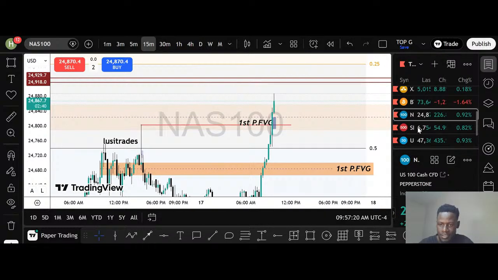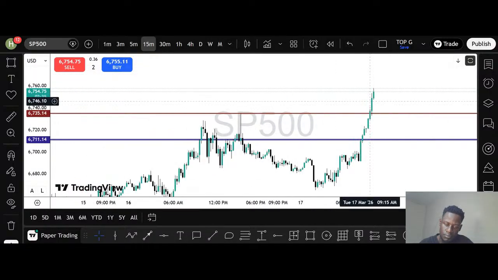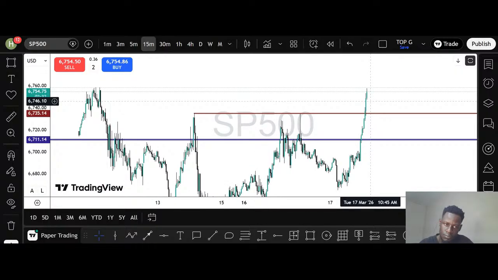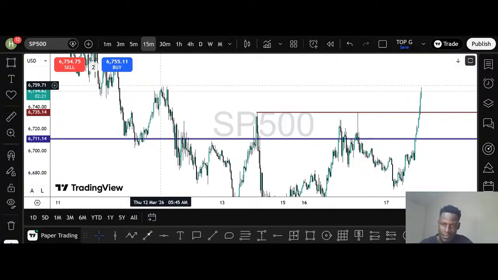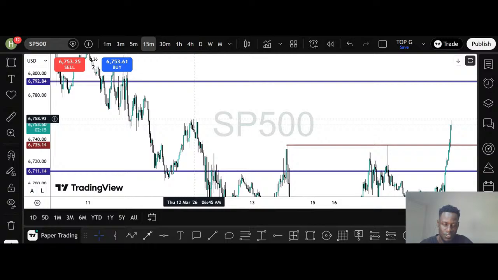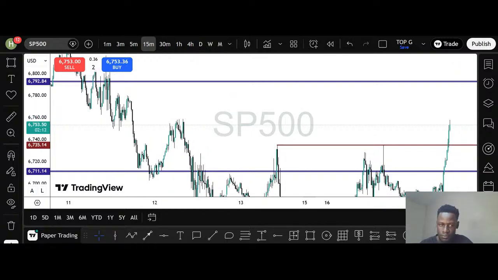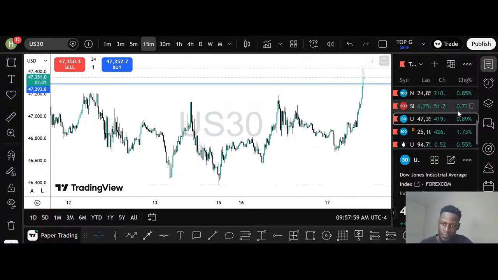So let me take a look. Yesterday failed to take out this high, and now today, so these were some relatively equal highs, smooth, smooth, smooth. So now there's a high also next, a potential target. The Dow is also trading higher.